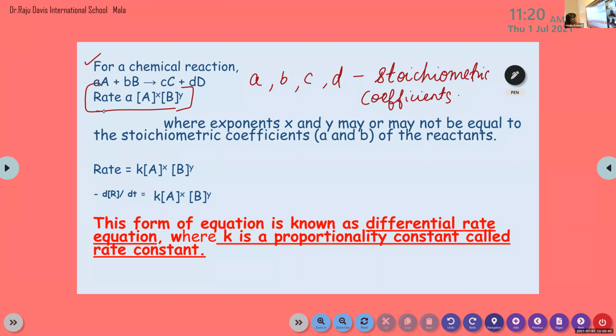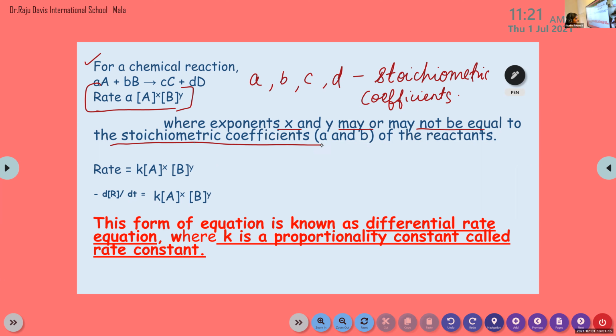The exponents x and y may or may not be equal to the stoichiometric coefficients. Sometimes they are equal to the small letters a, b, otherwise they will not be equal to that value.